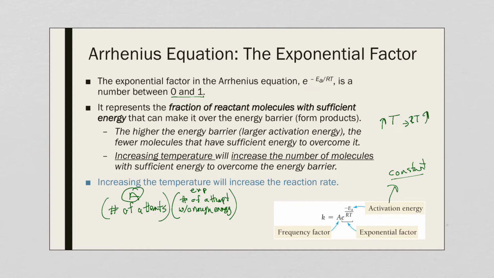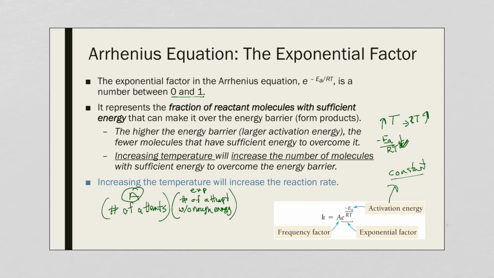And since RT is on the bottom of this fraction, as the bottom becomes bigger, then the whole fraction, negative EA over RT, becomes smaller. Now, what happens when negative EA over RT becomes smaller? Well, to think about that, we have to think about what happens to our exponential.